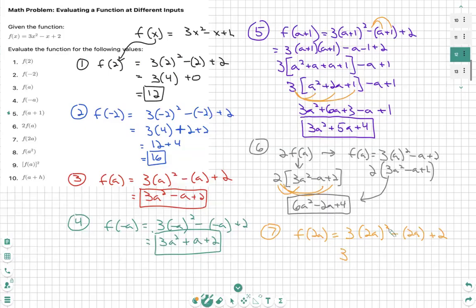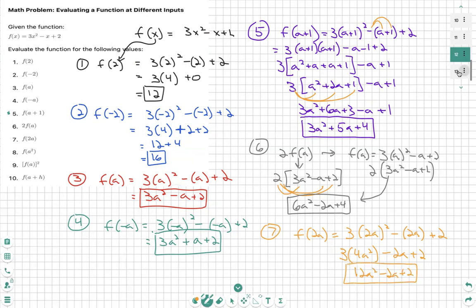Now remember, when we have (2a) squared, that is 2 squared times a squared. So we're going to have 3 times 4a squared minus 2a plus 2. We're going to continue, and we get 12a squared minus 2a plus 2. And that will be the answer to number 7.